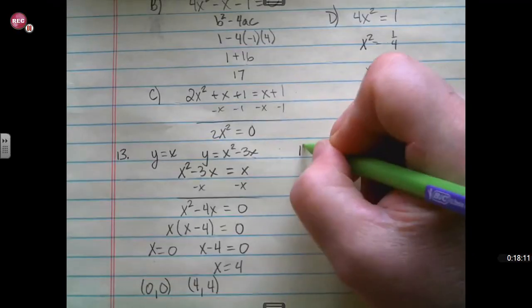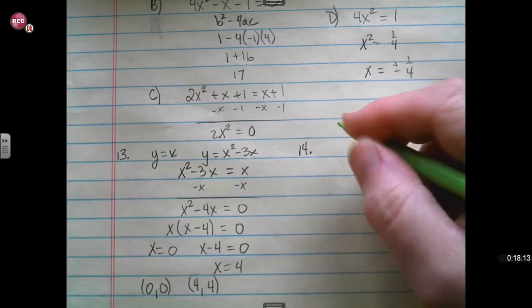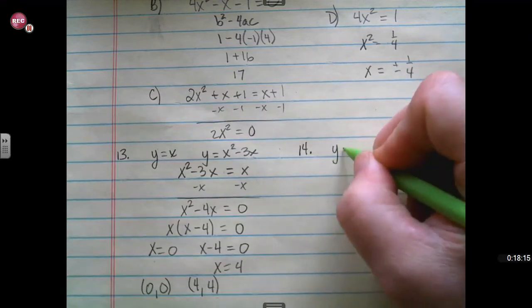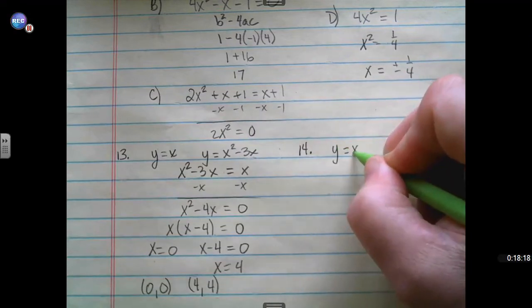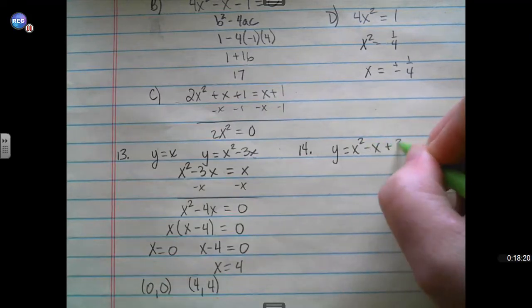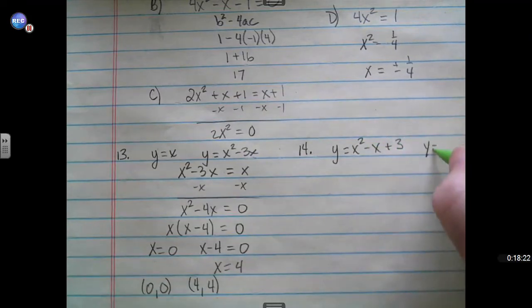Okay, number 14, same type of problem, a little bit more difficult. Y equals x squared minus x plus 3, and y equals minus x plus 5. So again, I'm going to use substitution. Y equals this, so this is equal to each other.